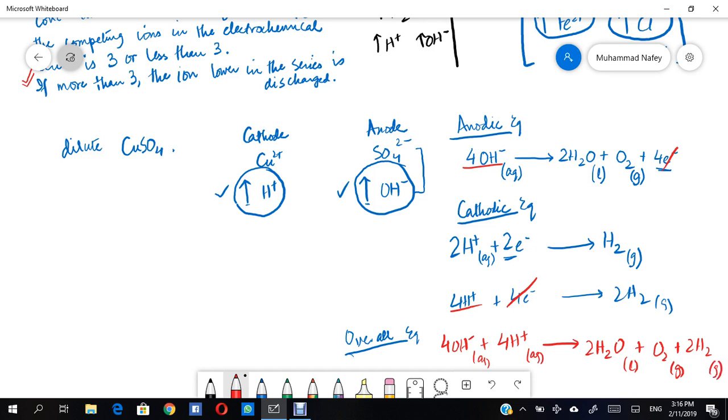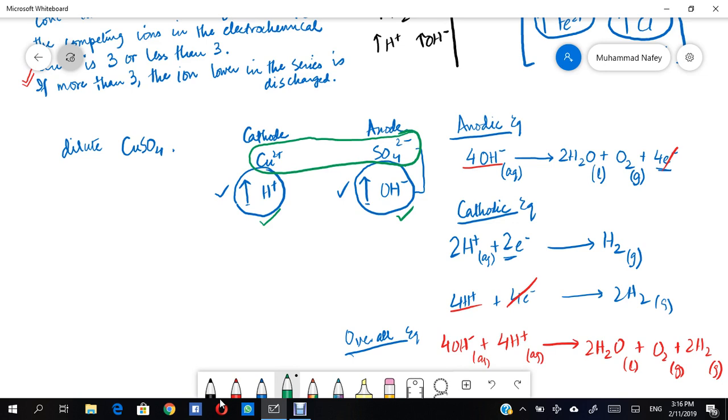Right. So now we'll come to the observations, which is a very important part of electrolysis. Now we can see that hydrogen ions were discharged. Hydroxide ions were discharged. What remains in solution is copper ions and sulfate ions. These remain in solution.